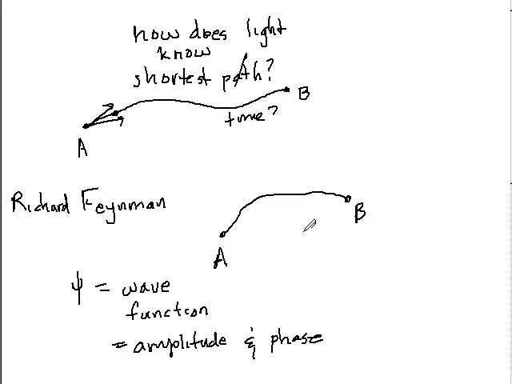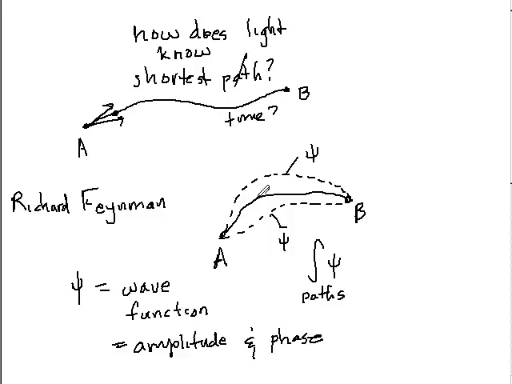And it turns out, miraculously, or maybe not miraculously, that if you look at all possible paths that connect A and B, and you look at the wave function along each path, and you integrate the wave functions along all paths, an amazing thing happens. Basically, the wave functions cancel out.